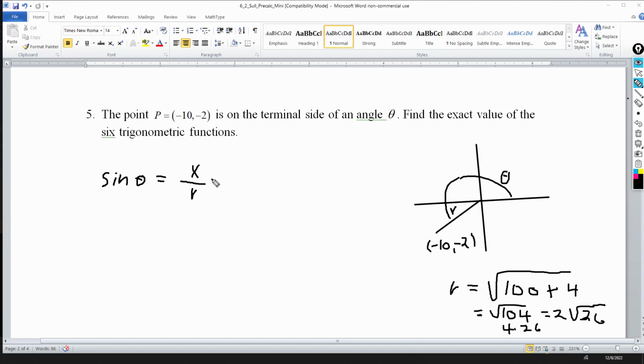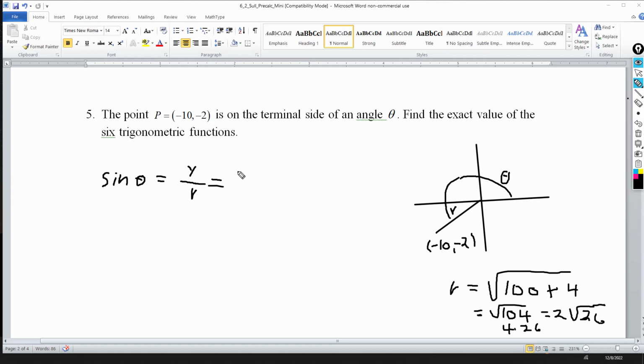And here's what we come up with using the unit circle, which hopefully you went over in class. It tells me that the sine is not the x value but the y value over the radius. You can think of a circle of radius r instead of a circle of radius 1, which is a unit circle.